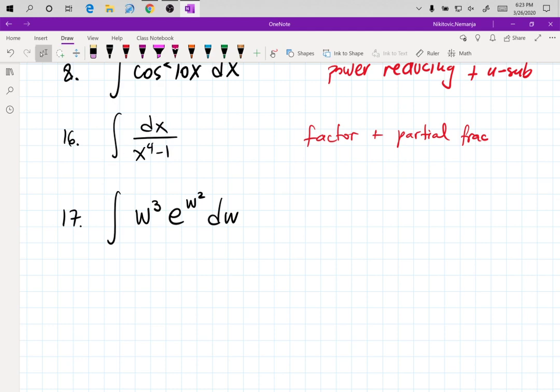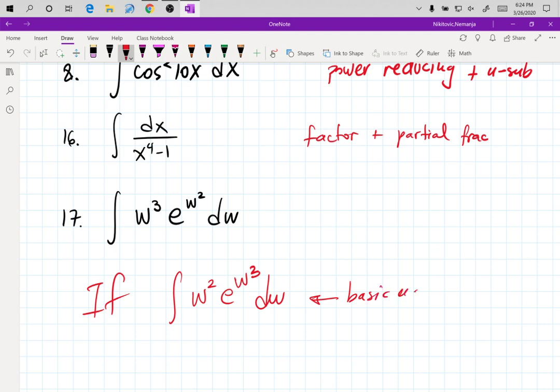Number 17. If cube and square were flipped, it would be a joke of a problem, right? It would be basic u sub. If we had w squared e to the w cubed dw, that one would be basic u sub, right?